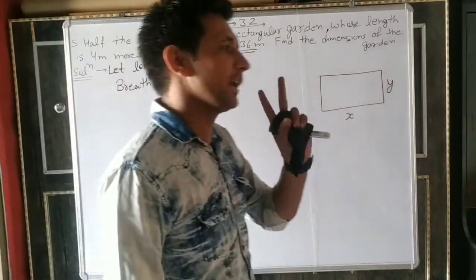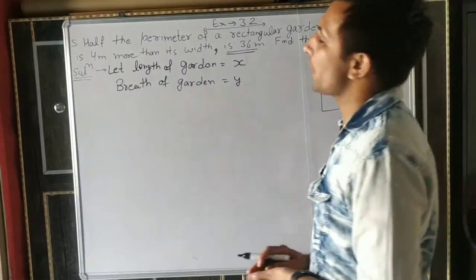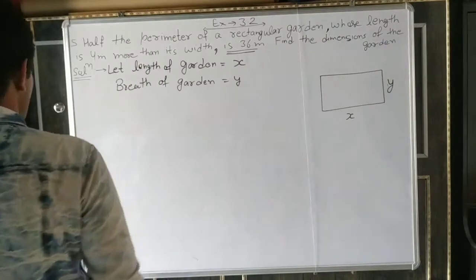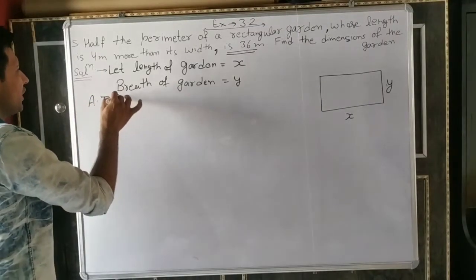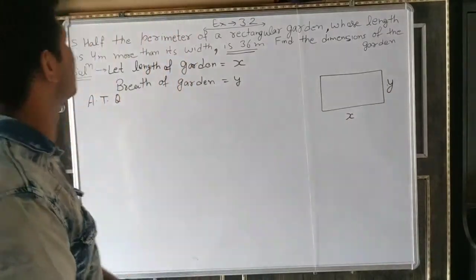Because we are studying the chapter linear equation in 2 variables, that's why we take 2 variables. Next, according to the question, now we will make the equations.